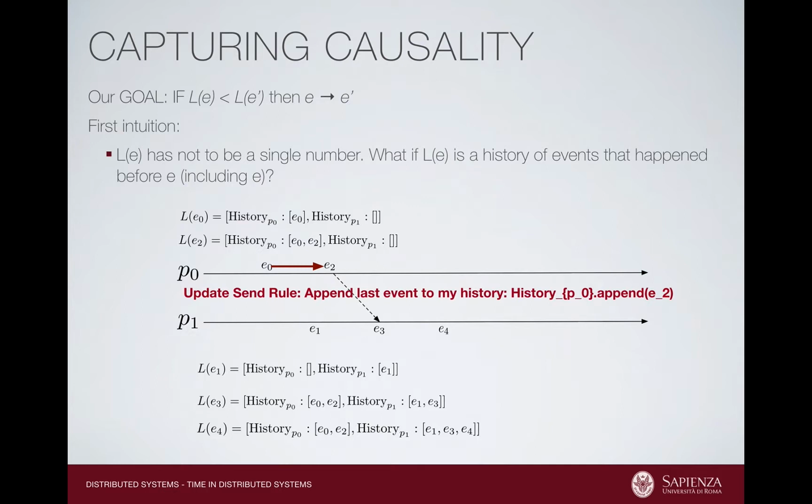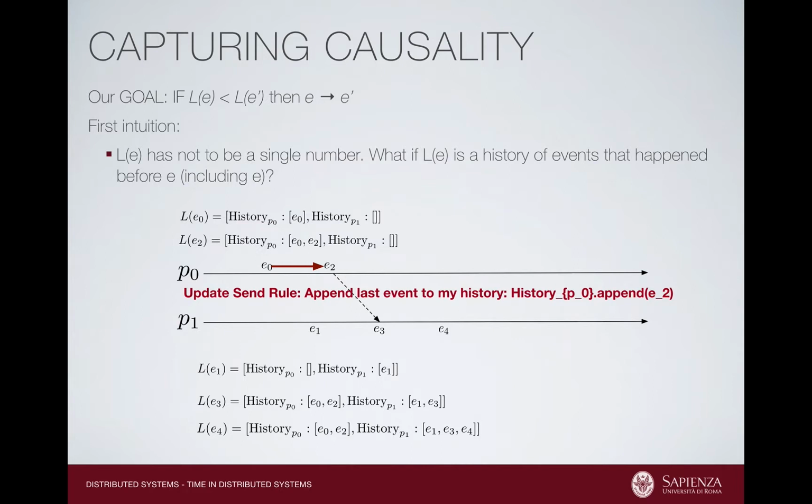So let's do it with an example. The timestamp of event E0 is just the history on P0 with E0, and the history of P1 that is empty. Then we create event E2, and what we do is that we take the timestamp of event E0. Since this event is happening locally on P0 and is a send event, we append the event E2 at the last location of the list P0 that was in the timestamp of event E0.